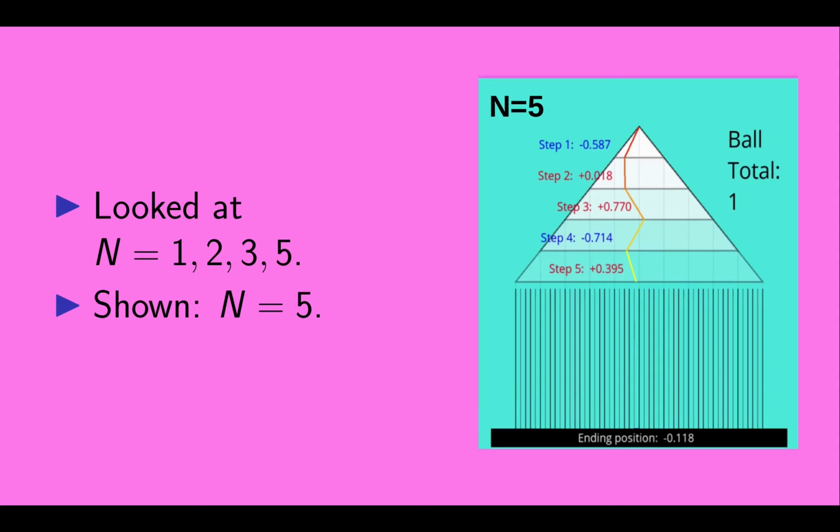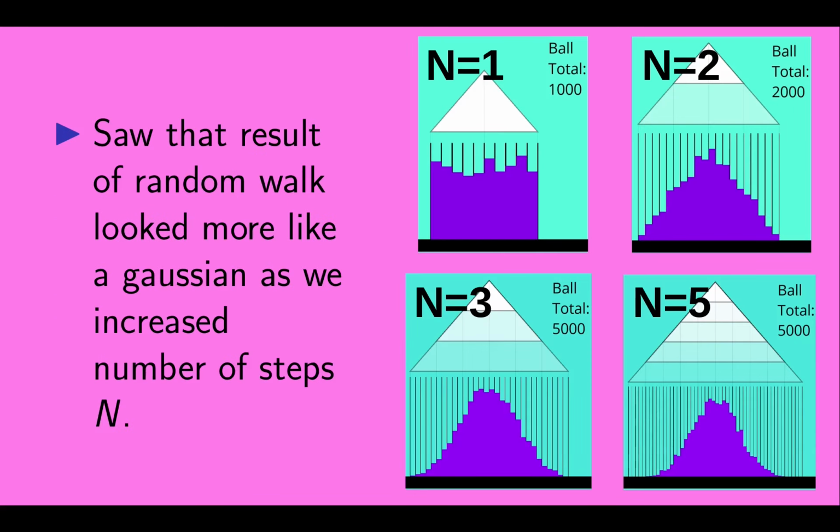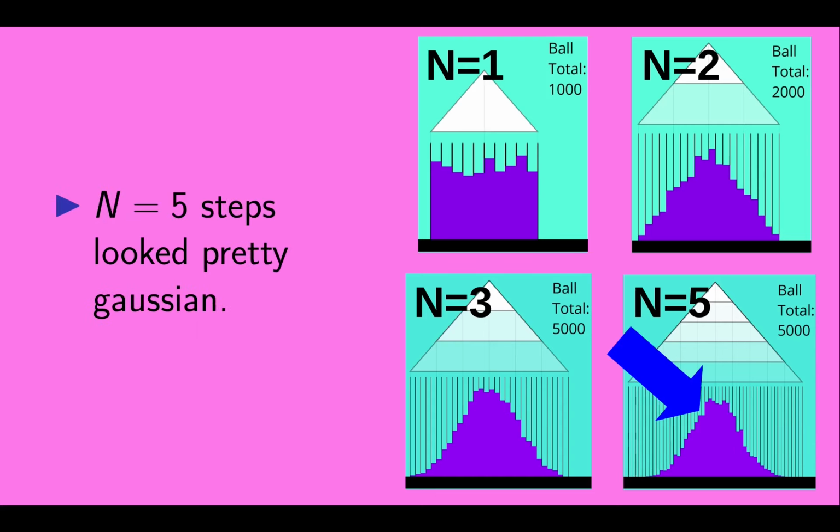The individual steps have different sizes and directions, but the sizes are all randomly chosen from the same flat distribution between 0 and 1. We saw that the distribution of ending locations of the random walk looked more like a Gaussian distribution as we increased the number of steps, n.